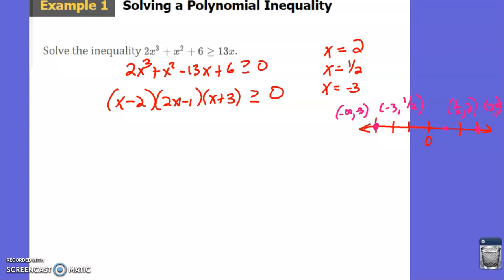Also keep in mind that I just drew the x line, but this is really the x line and the y line, and we're trying to determine the graph of it, depending on which interval is true.